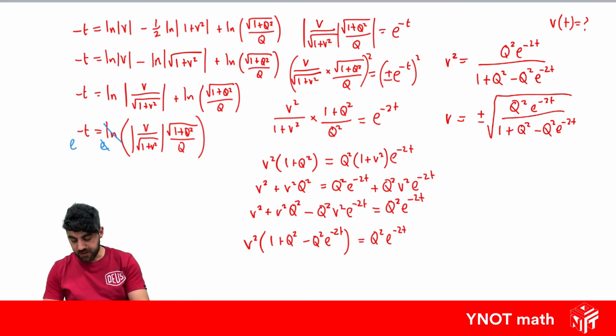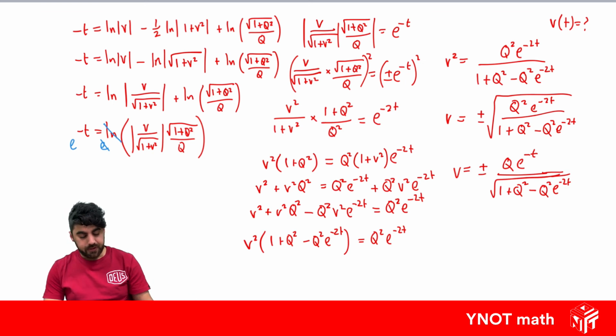And we can tidy this up a little bit. If we say v equals plus or minus, we can root the numerator, saying it's q e to the minus t over the square root of 1 plus q squared minus q squared e to the minus 2t.